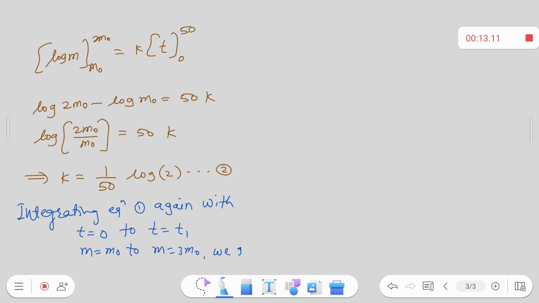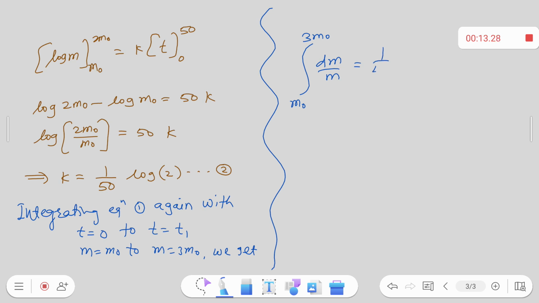We get the integration of dm by m from m0 to 3m0 is equal to k times. What is k here? We already found the value of k, put it here: 1 by 50 log of 2 into the integral of 1 with respect to t from 0 to t1, since t1 is not known.